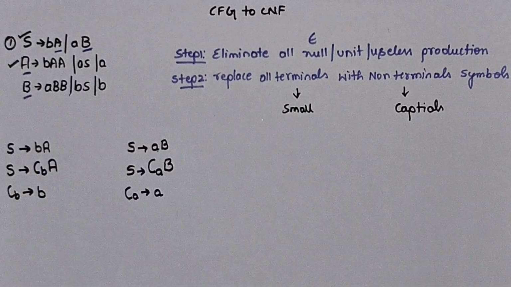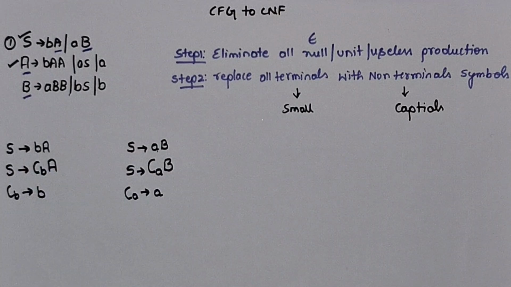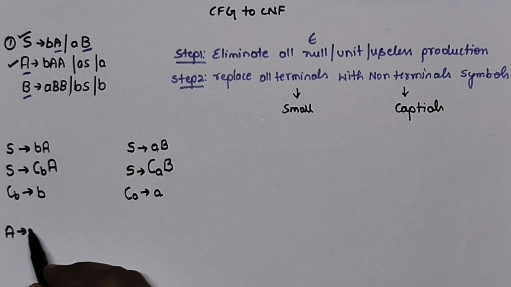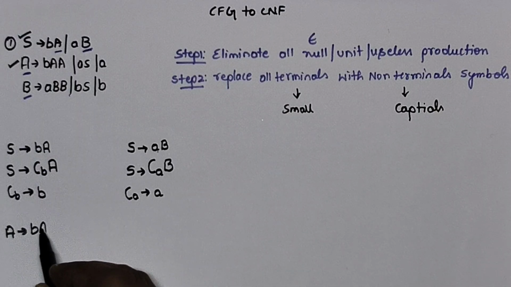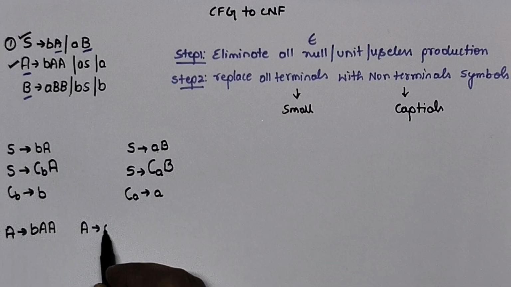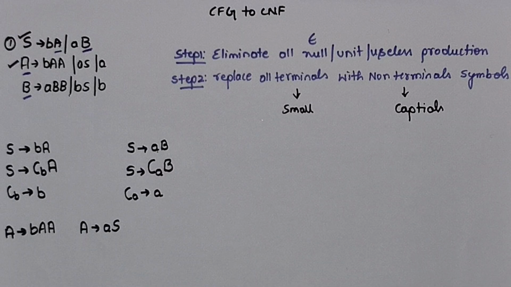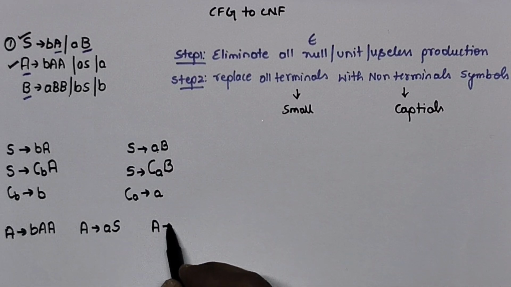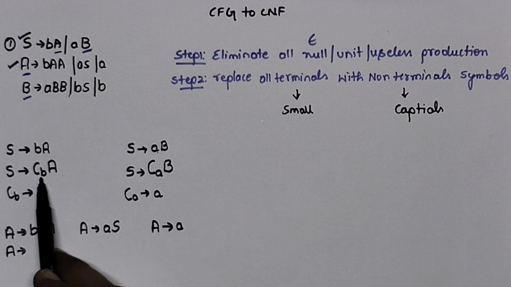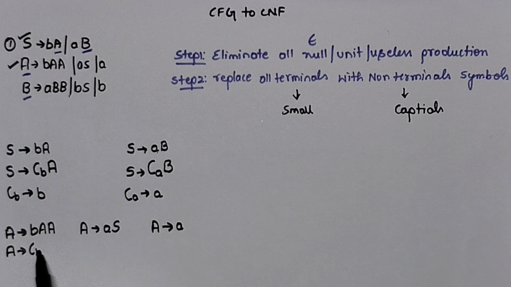Now let's move to the productions produced by A. A is producing three productions. A producing small letter b, capital letter A, capital letter A. Next one is capital letter A producing small letter a, capital letter S. And the third one is capital letter A producing small letter a. Now let's replace. A producing small letter b was replaced using capital letter C, which is replacing small letter b.